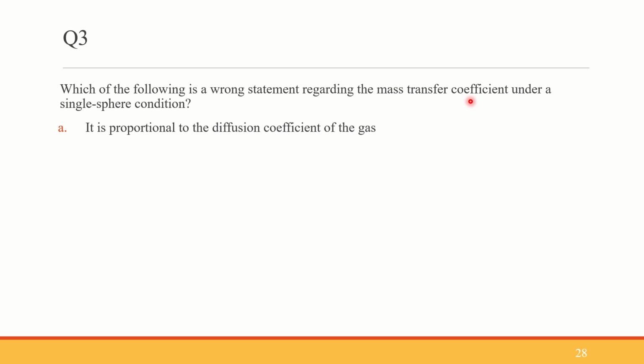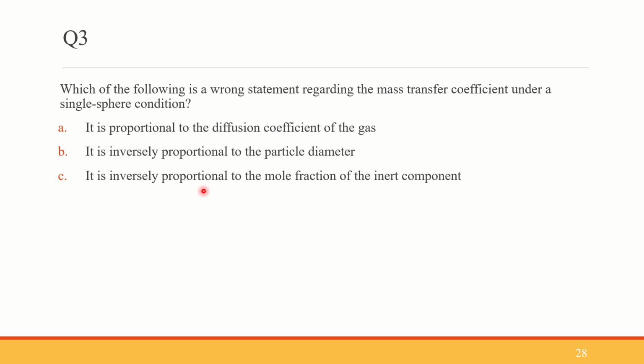Option A, it is proportional to the diffusion coefficient of the gas. Option B, it is inversely proportional to the diameter. Option C, it is inversely proportional to the mole fraction of the inert component. Option D, none of the above.